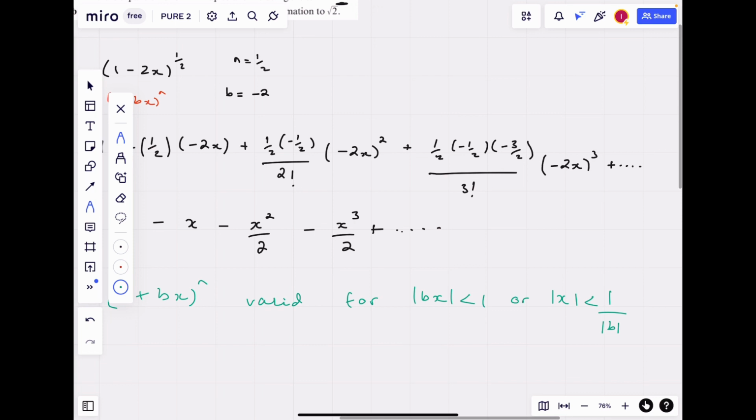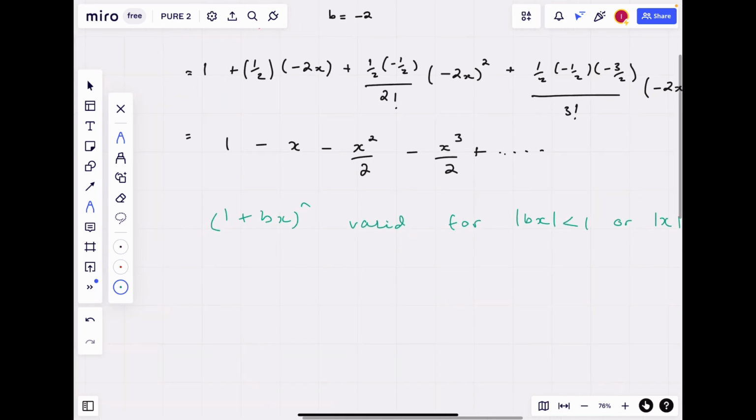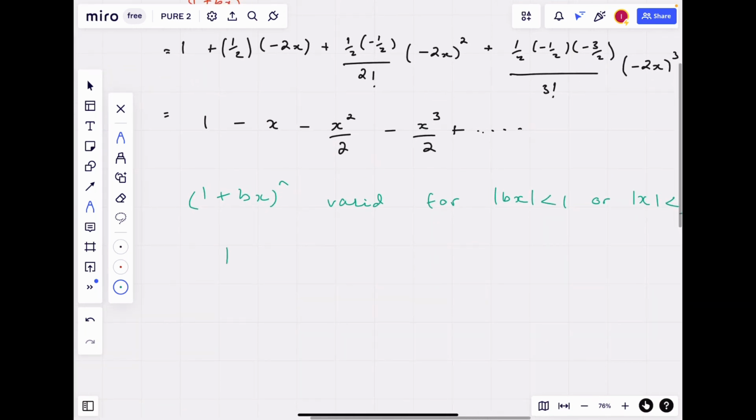So in this case, the modulus of minus 2x less than 1, hope you can see that, that's our modulus, can be written as the modulus of x being less than a half. I just take the 2 over and its modulus, so I can ignore the minus part.